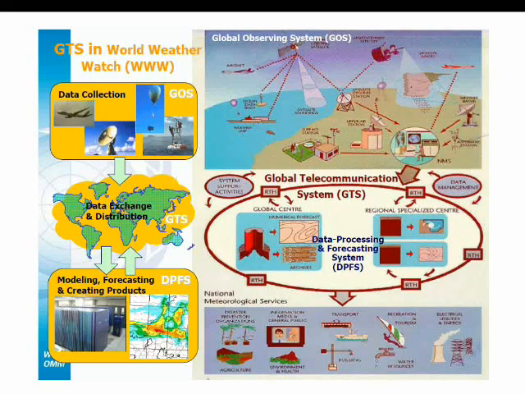WWW combines observational systems, telecommunication facilities, and data processing and forecasting systems. This picture shows such activity of WWW. It's a very popular diagram.